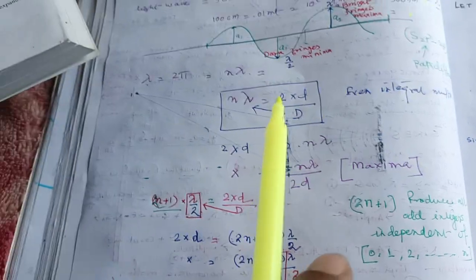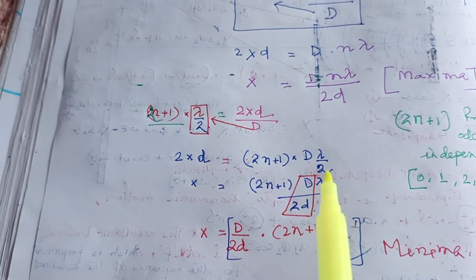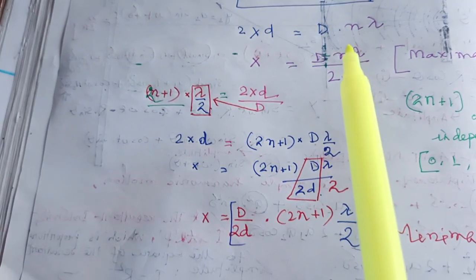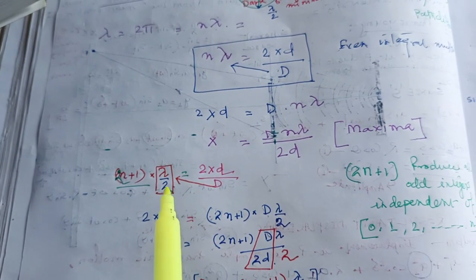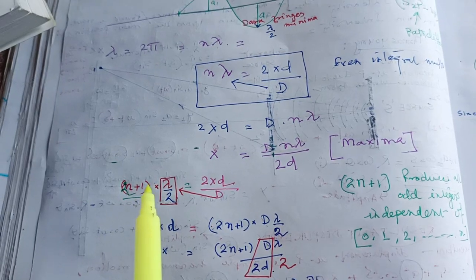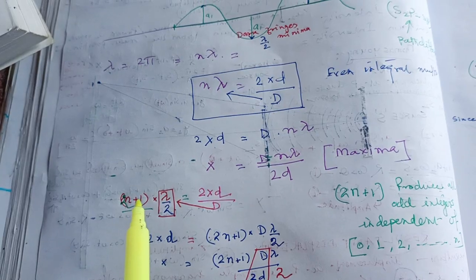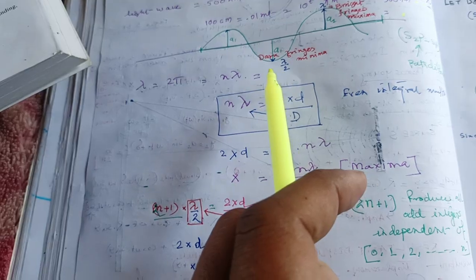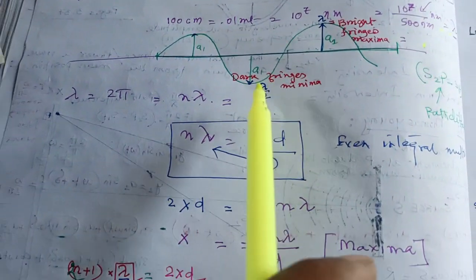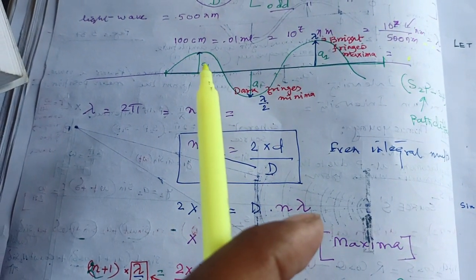But most of the students fail. Why is lambda by 2 taken? Suddenly here we have taken n lambda. Now we are confused why this lambda by 2 is taken, and 2n plus 1. See, if you have to prepare dark fringes, dark fringes are always found next to bright fringes.